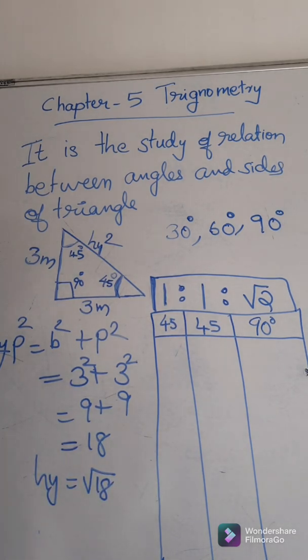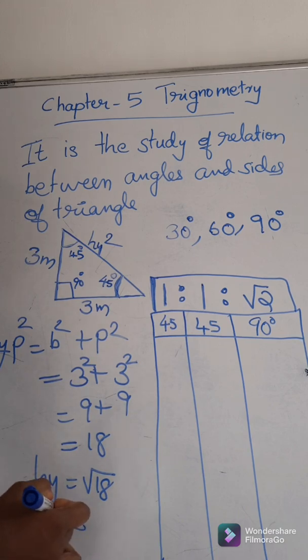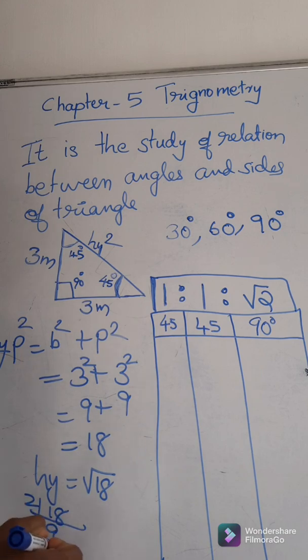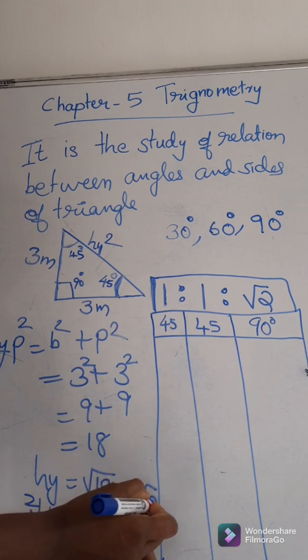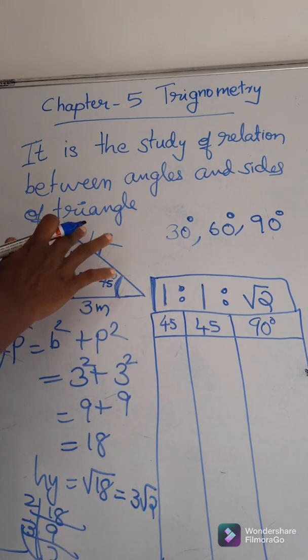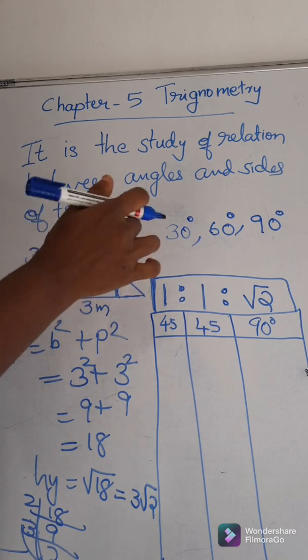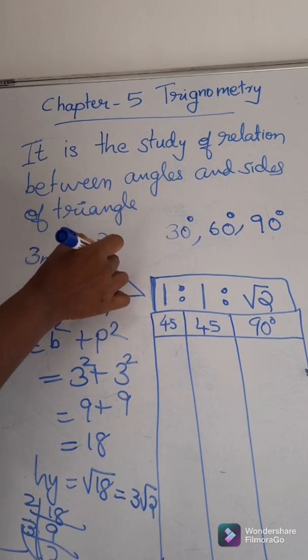Now root of 18, how can we find? We can factorize 18 as 2 times 9, that is 3, 3. From this we can take 3 out, and the remaining part stays in the square root. So hypotenuse will come 3 root 2.